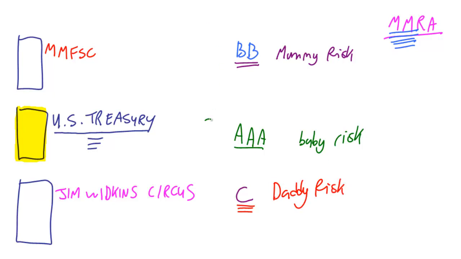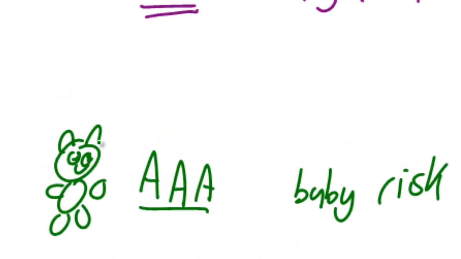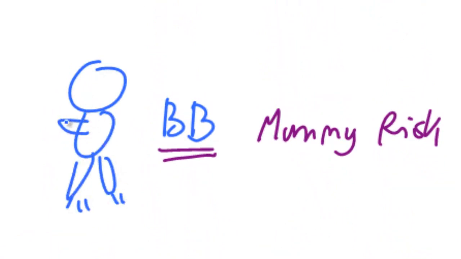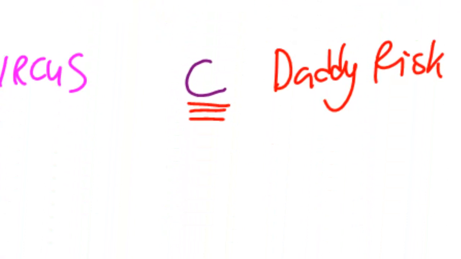Okay, so this is baby bear. This is mummy bear. Slightly fierce, retractable claws, so slightly dangerous. Okay, there's mummy bear. We'll make her pretty by giving her eyelashes. There we are. Let's recalibrate my pen. And here's daddy risk. Very dangerous.